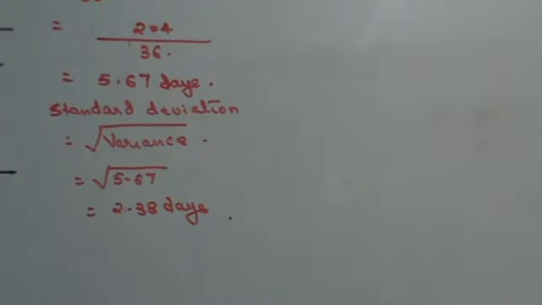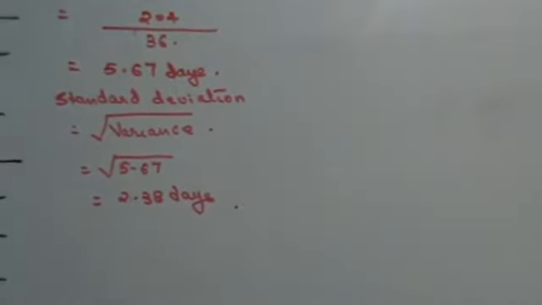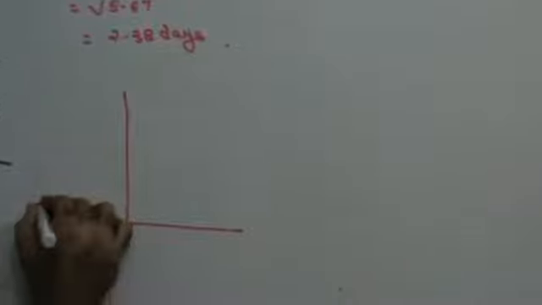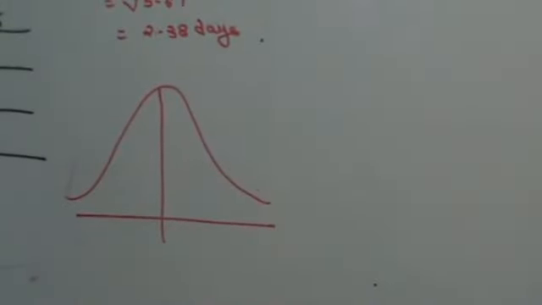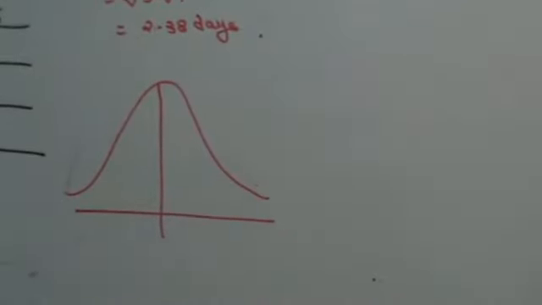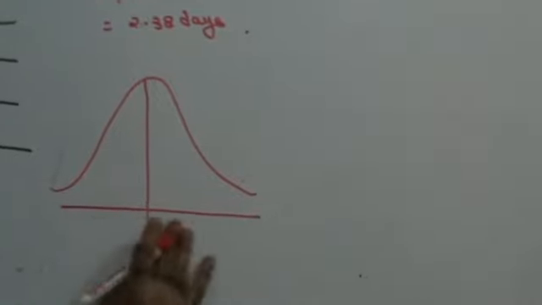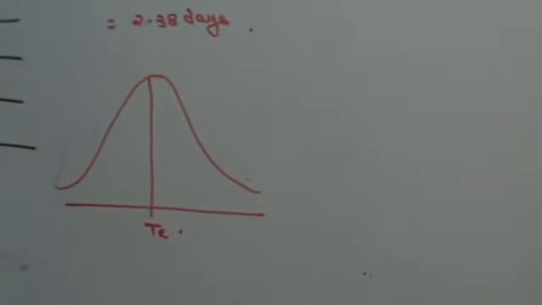First I'll explain to you what a bell curve looks like. As the name suggests, the bell curve looks exactly like one. This center line is going to be TE. The bell curve is divided into two identical halves. Each half occupies 50% of the total space.